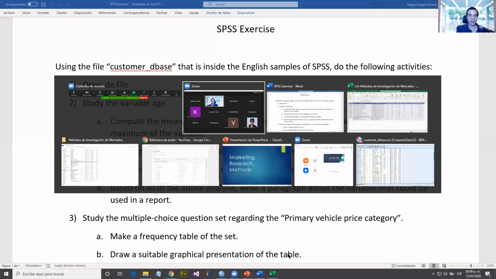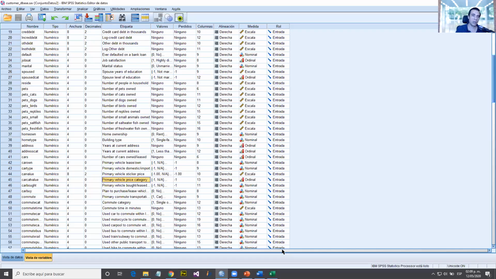So let me share my screen so you can know how to do it. What you can do is be in SPSS. I hope that everyone is looking at this.